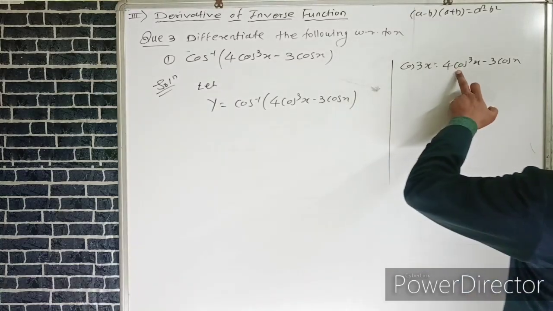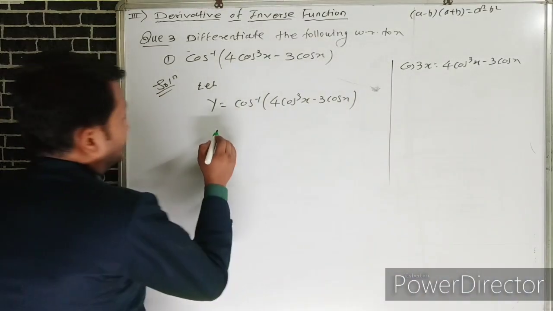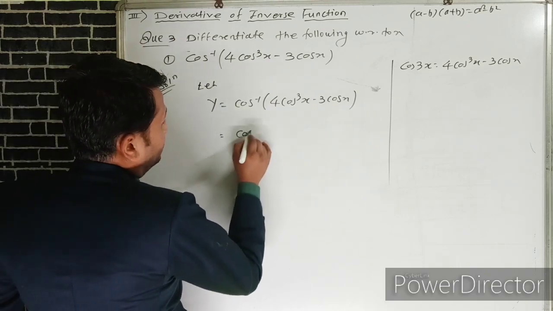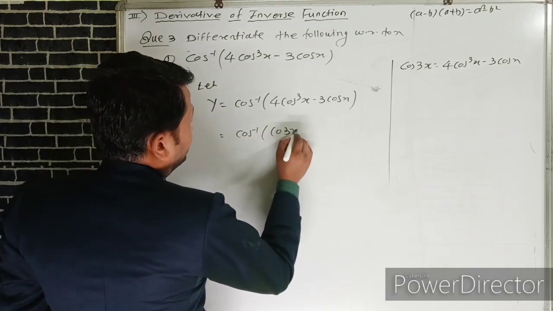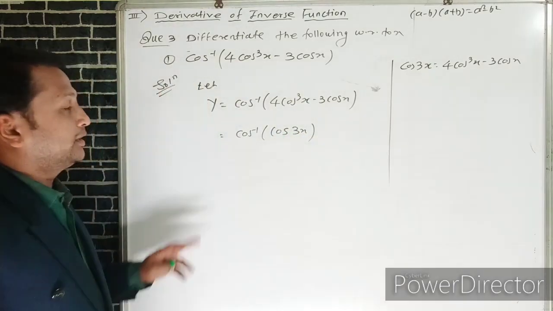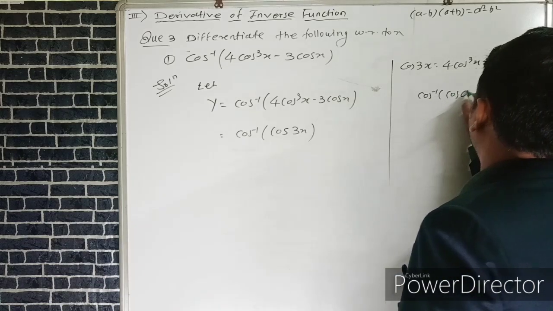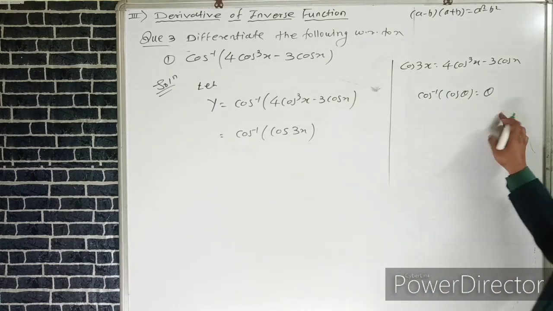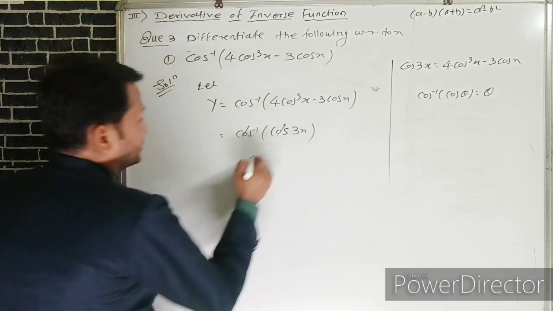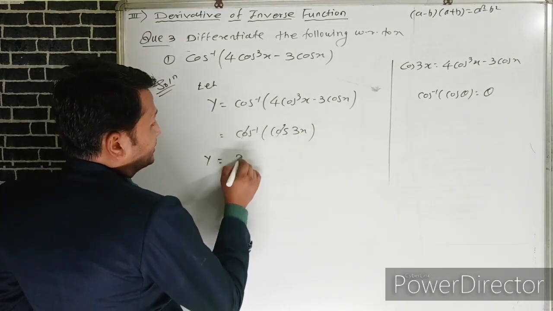If we replace the value of 4 cos cube x minus 3 cos x with cos 3x, then we can write it as cos inverse of cos 3x. By the rules of inverse trigonometric functions, we know that cos inverse of cos theta is equal to theta. Hence cos inverse and cos cancel. We can write the value of y as 3x.